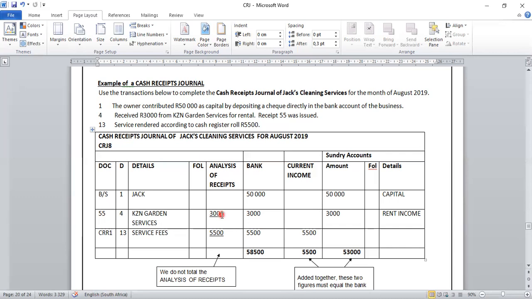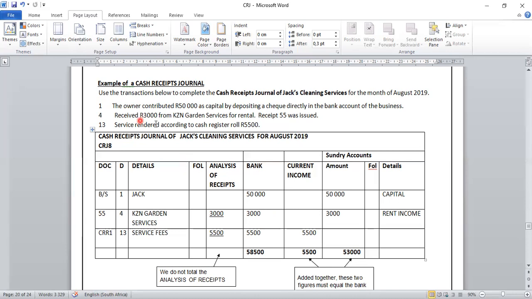The question to ask, learners, is: are we receiving more monies on this day? Since there's no other money being received on this day, we are going to underline, which means we are closing the shop and taking the money to the bank. Then we ask ourselves again, why do we receive this money?